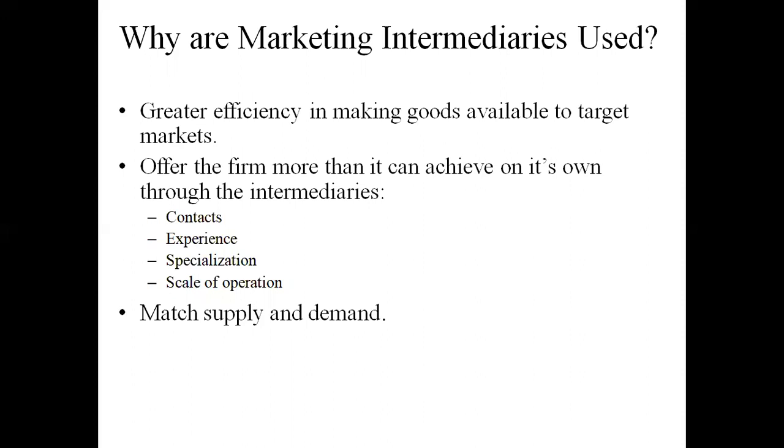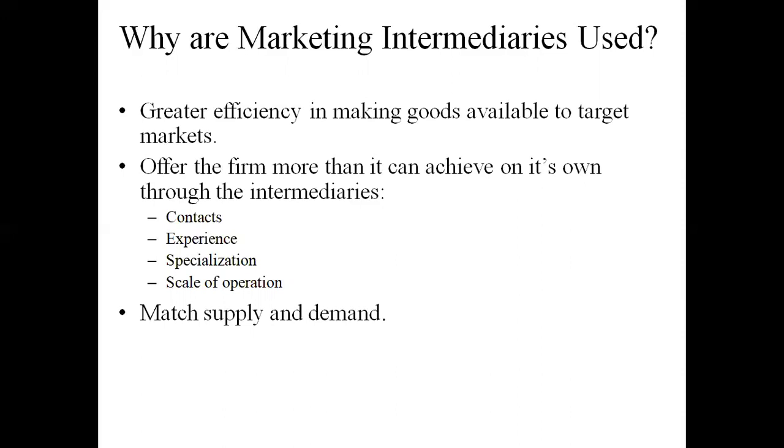They can give some kind of funding to the manufacturer, or do some kind of administrative work also. We will see this when we discuss the properties of channel partners. So for efficiency in making goods available to the target markets, to reach each and every geographical area, manufacturers need intermediaries.